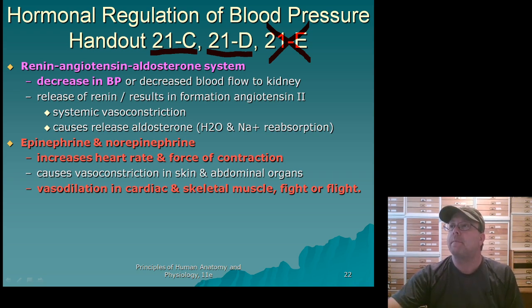So I will see you for the next chapter. After this chapter 19 and 21 test, we will go into chapter 12, which is one of my favorite chapters, one of my favorite topics, the nervous system. So we'll go into chapters 12, 13, 14, and 17 to end the semester. And I'll see you in the next video.